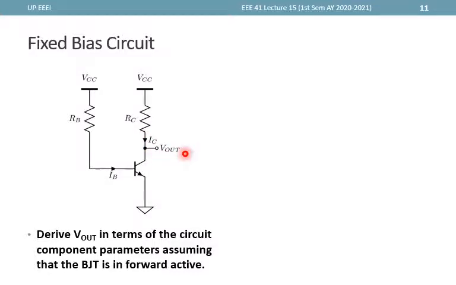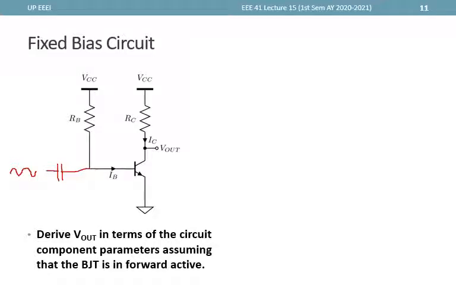Let's say we provide input through the base, although this input supply voltage is actually not the input we're referring to. We can use the circuit by, for example, adding a capacitor at this node and providing some input signal.